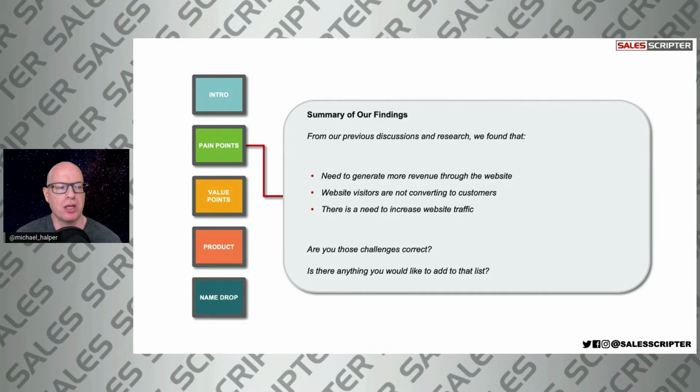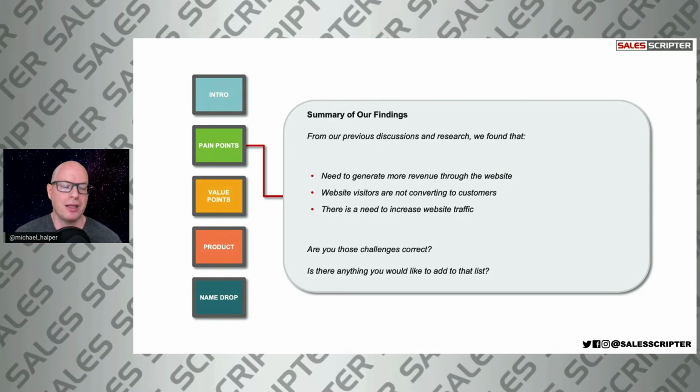And the way you do this is basically you can use your pain points building block. Now, if you're really successful with creating good pain questions, and then during the conversation sales process step, you asked your pain questions, and if you identified that the prospect potentially has concerns or pain points that you can help with, then at the very beginning of your presentation, you can share the summary of your findings in previous conversations or through your research, and you can outline, this is what we've learned about you.